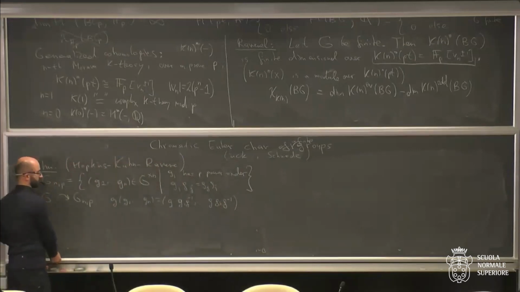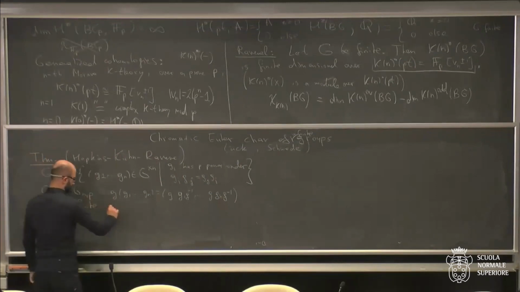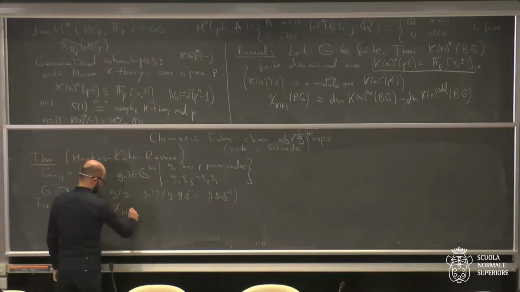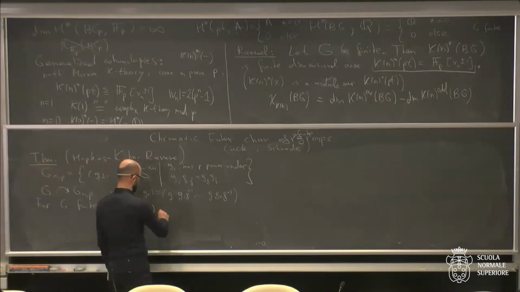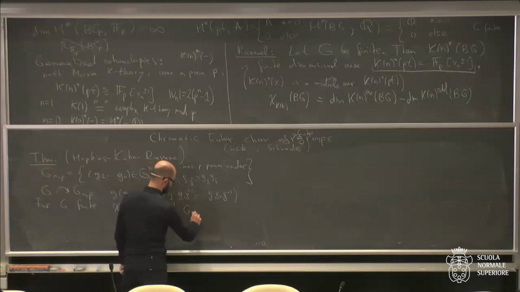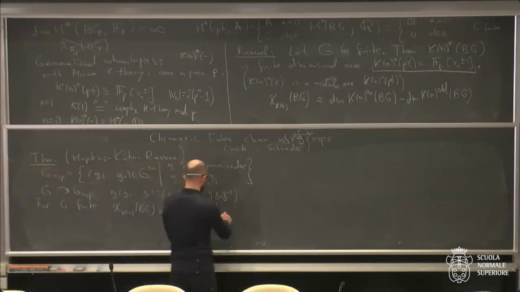And what Hopkins, Kuhn, and Ravenel prove, the HKR theorem, is that for G finite, this Euler characteristic says a lot about the p-power torsion in this group, namely it is exactly the cardinality of Hom(Z^n, G)_p divided by G using this conjugation action, so the cardinality of this set.